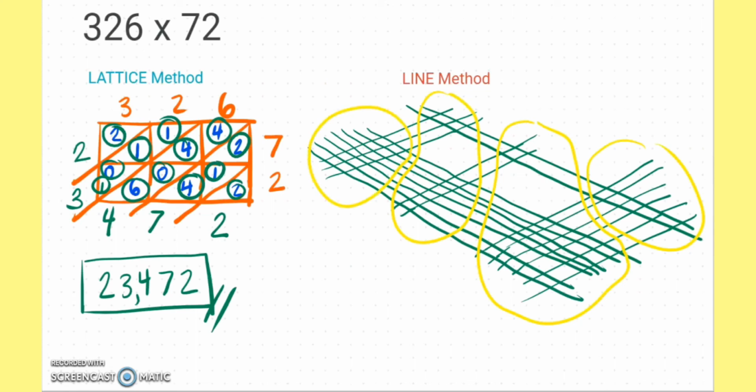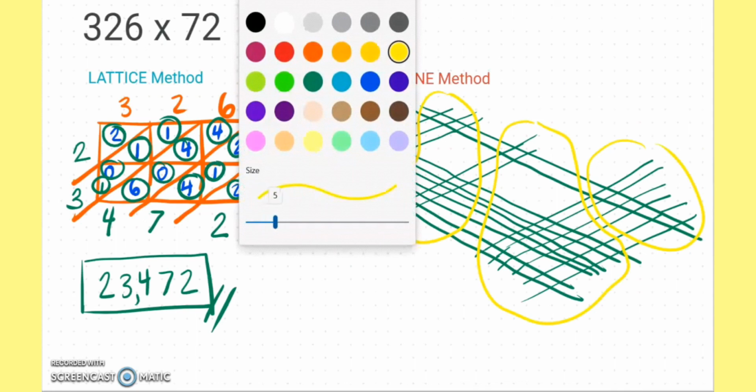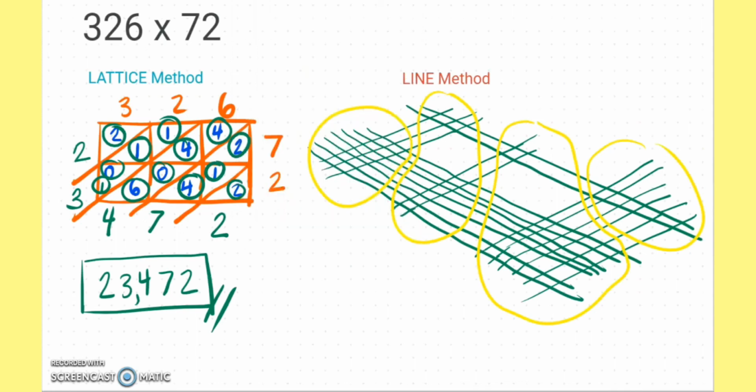So let's count how many intersection points we have from each group. So from the first one, we have 12. So the 1's digit of 12 is 2, and the 10's digit 1 will be included in the next group. So how many here?